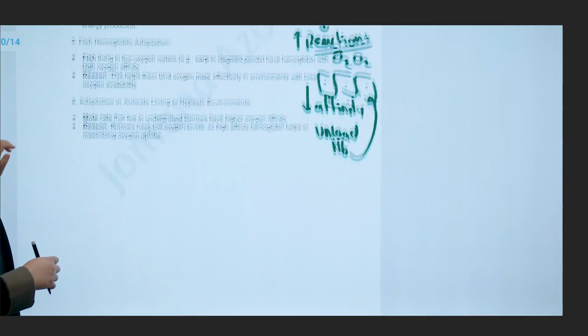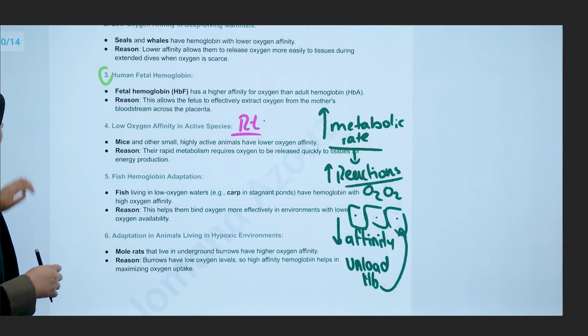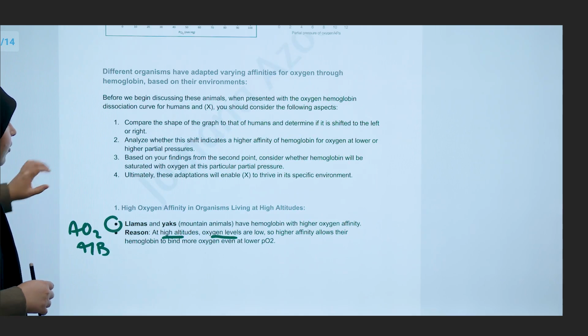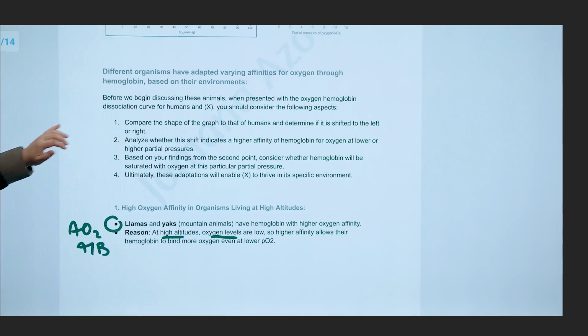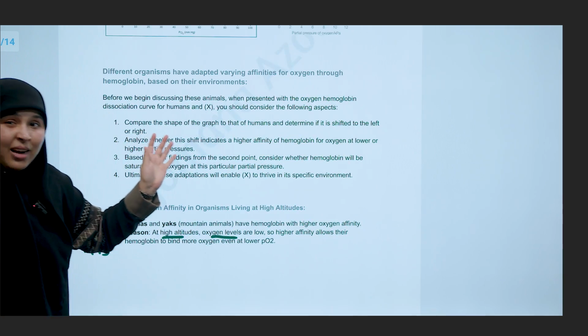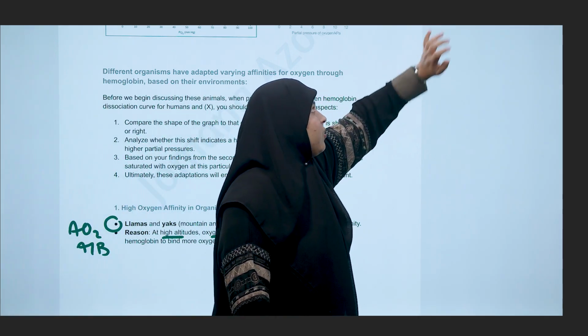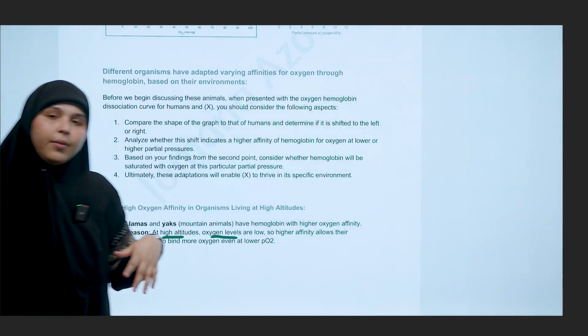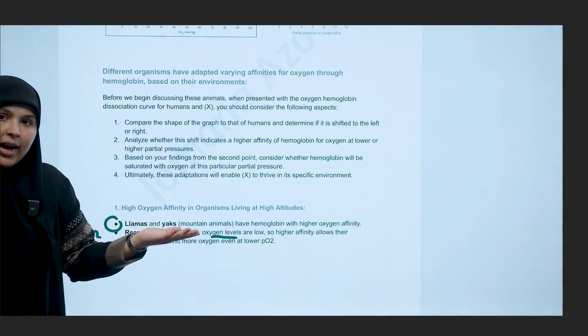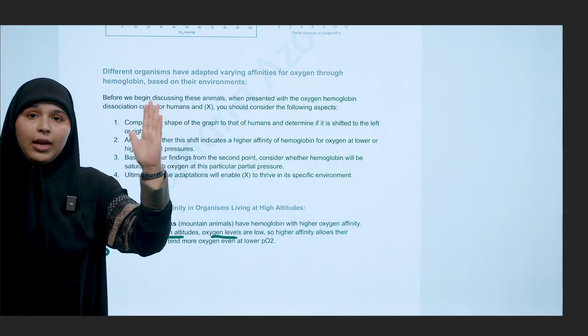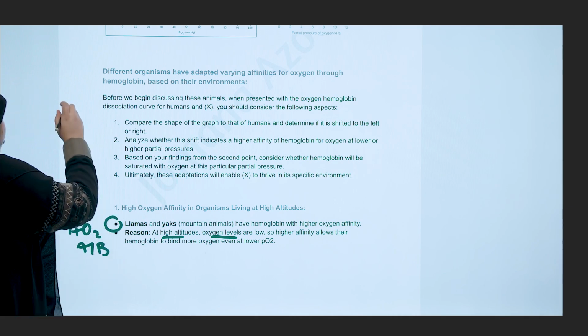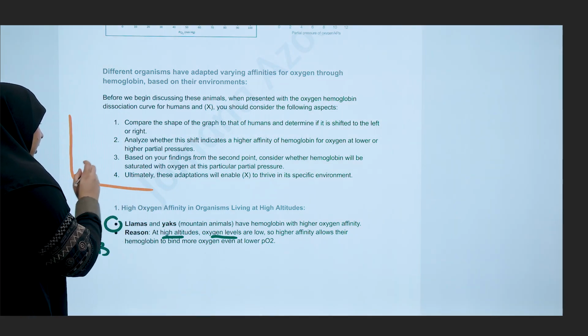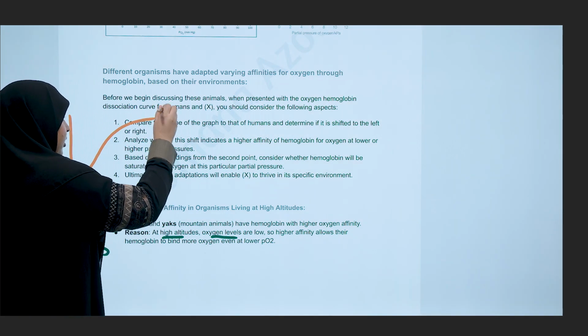I already put a template for how you can answer this question. Number one, I can say that 95% of the questions related to this topic will give you a graph. And whenever they ask you about the graph, number one, you have to look at the shape of the graph. Usually they are going to give you two lines. The first line, let's say, is the adult or the human.